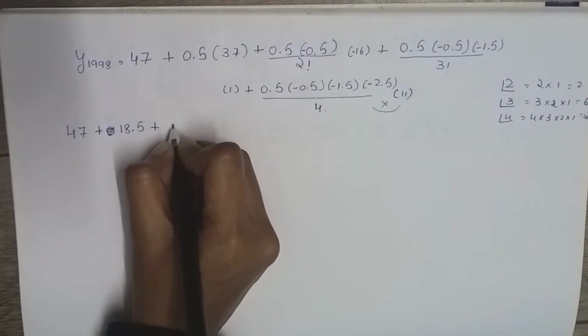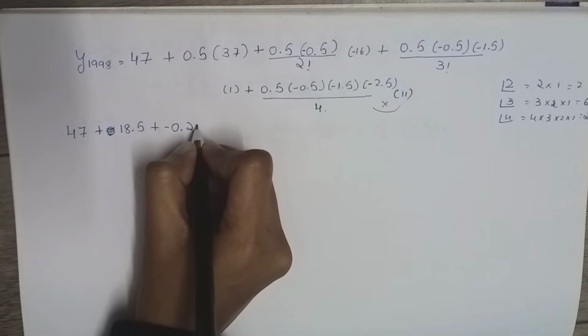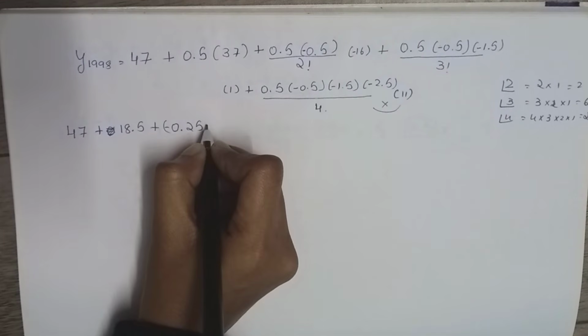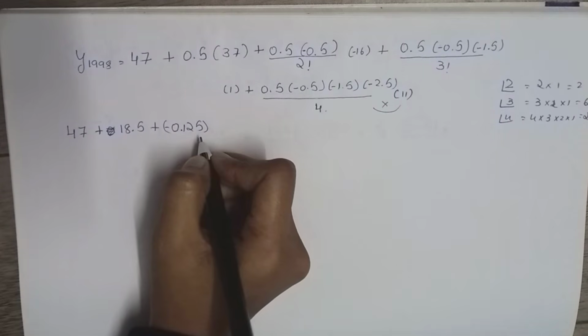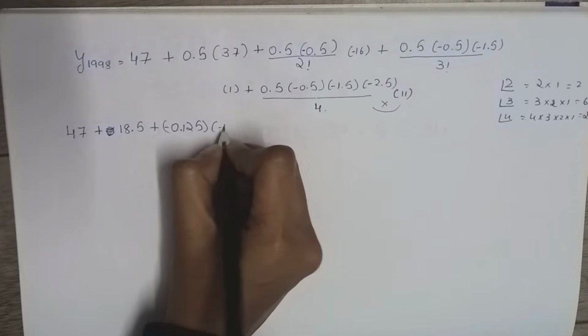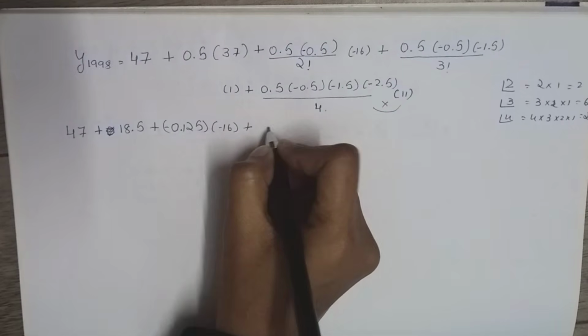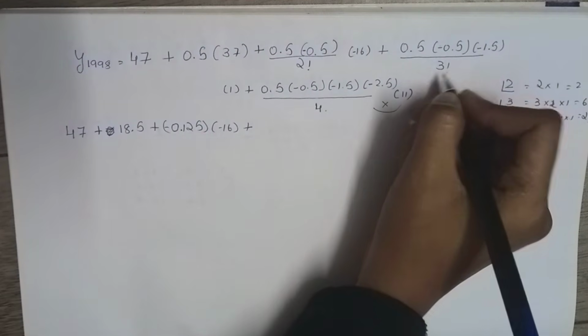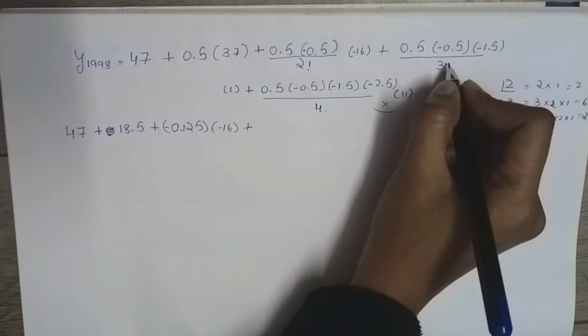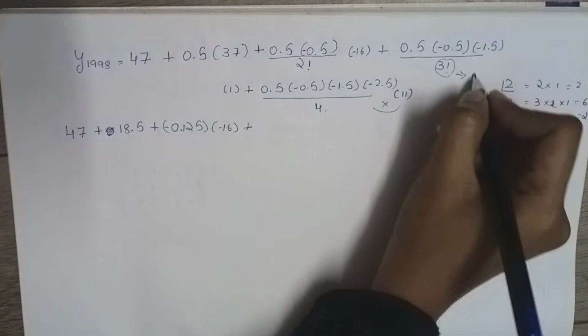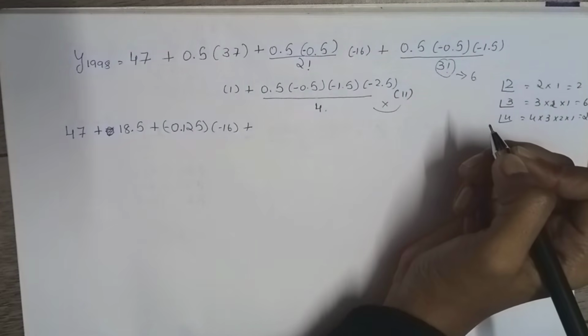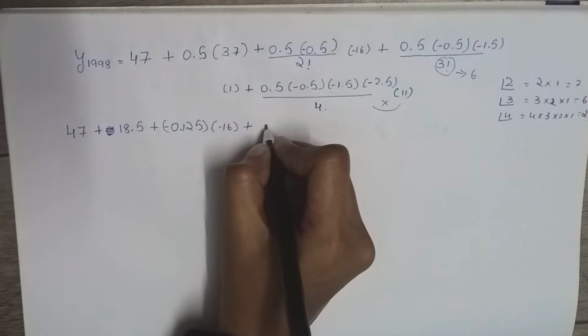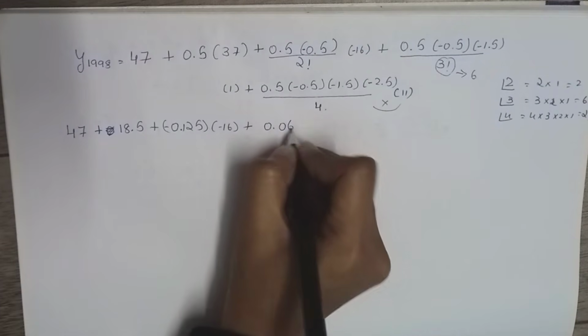So the answer we get is minus 0.125. Then minus 16 as it is, plus 0.5 into minus 0.5 into minus 1.5 divided by 3 factorial, which is 6. So we get 0.0625.